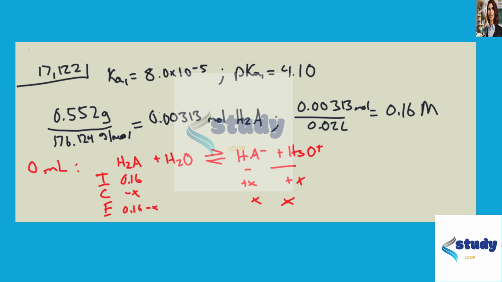And so we can set these terms equal to Ka1, which is 8.0 times 10 to the minus 5.